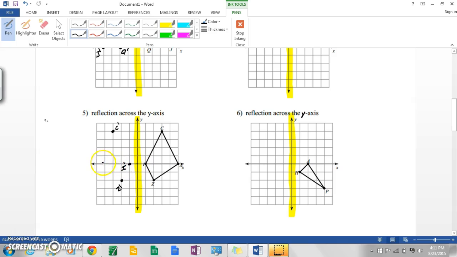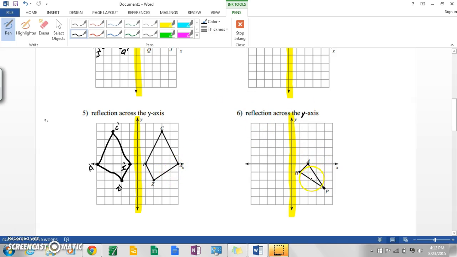That's A prime. And connect all my points. And I've made that reflected image. Okay, not very neat, but it'll get the job done.